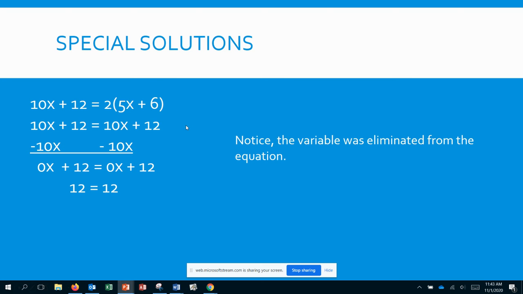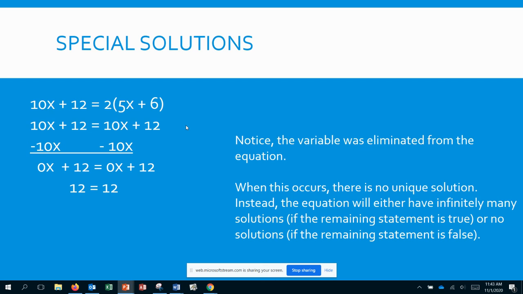Since the variable was eliminated, there is no unique solution. There's not one value of x that's going to make it true, but in fact infinitely many values of x. Any real number we choose to substitute into this equation is going to give us the true statement, 12 equals 12.